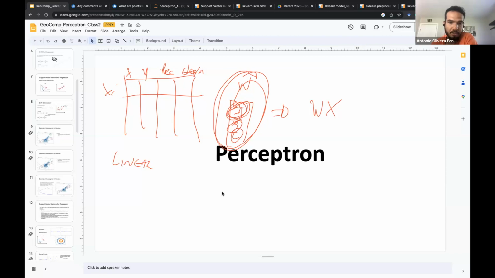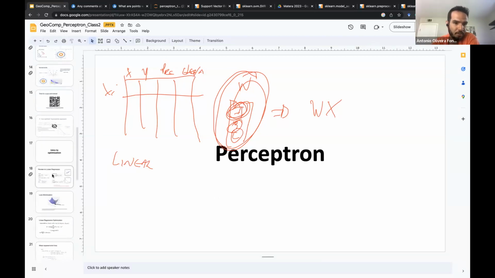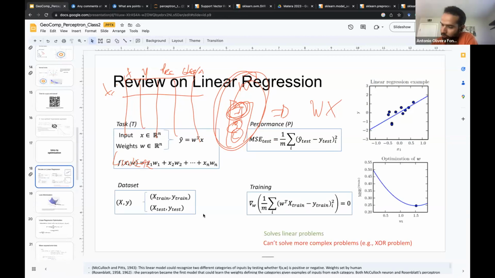Remember that I said linear regression works great when the problem is linear. So this classic multivariable analysis works great when the problem is relatively simple. What's the coefficient that I should use to multiply elevation, and a different coefficient to multiply precipitation, in order to predict the height of the tree, right?